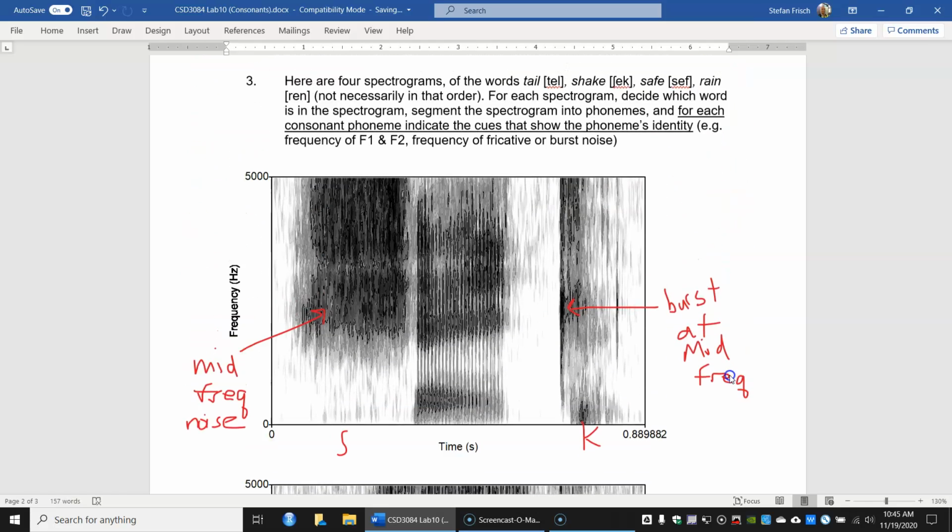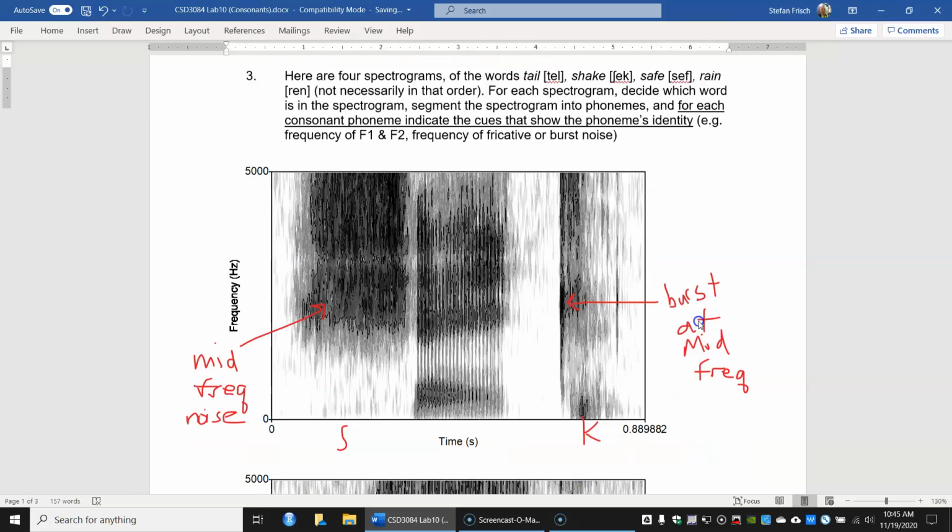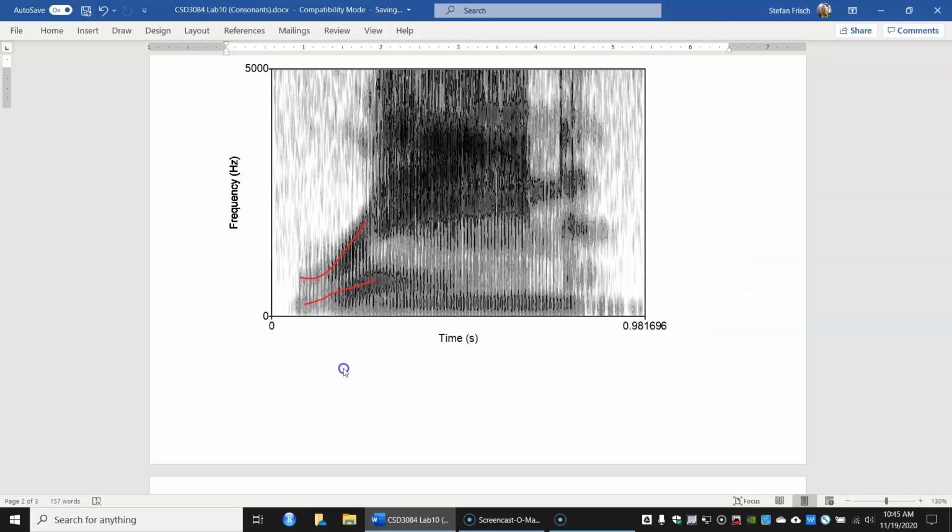So if I go back and look at my words, I have rain as the only one that starts with a resonant consonant, which should mean this is an r at the beginning, which really should mean that I have both F2 and F3 in there. So they come together here at the beginning and then separate as I get up into the vowel.